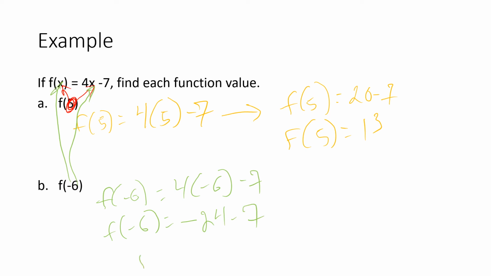We add those together and we get -31. So again, the key thing is we're just substituting, where we're told the function of an actual value, we're just substituting that into our equation to find the function value.